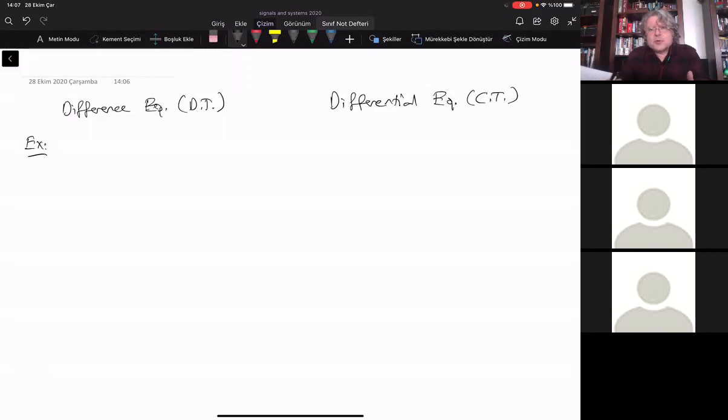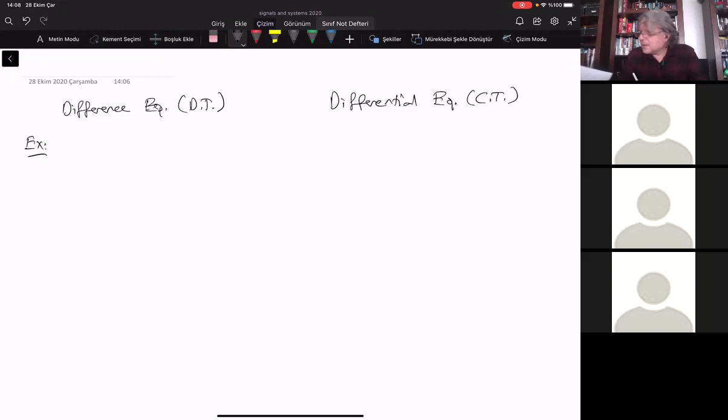What is another formulation that we have for discrete time, linear and time invariant systems? The other formulation is the impulse response, h of n. So if you have h of n, it means that you know the LTI system. But if you know the difference equation, you also know the LTI system.